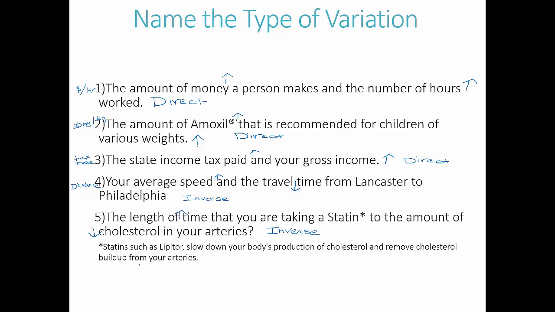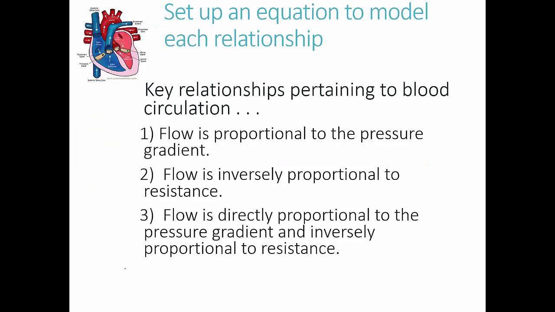So let's take this concept of how things increase or decrease and how they're related to look at some examples. I have on this side key relationships pertaining to blood circulation. They come from your A&P book. So as I look to model each relationship with an equation, first thing I have to do is define variables. So here is the subject of my sentence. That is my first variable.